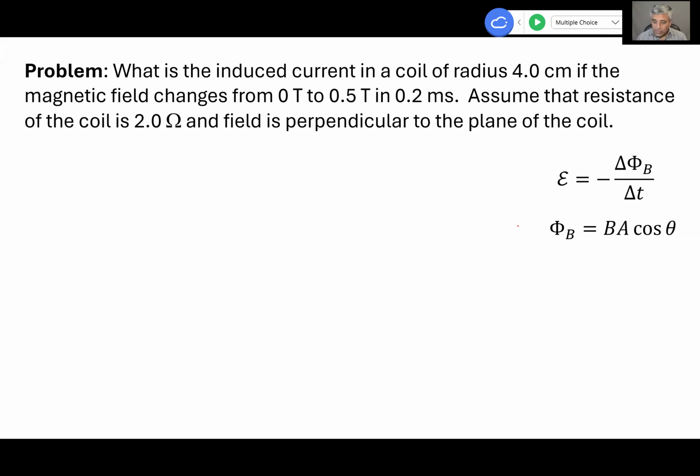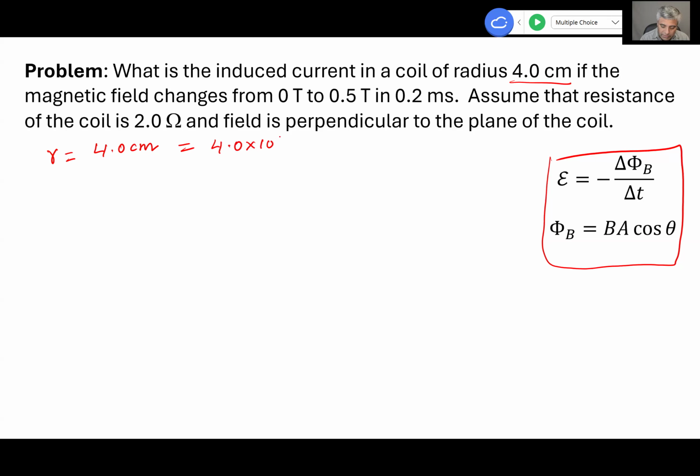So here is one problem related to that. Here I just copied those relevant formulas. In this case, it says, what is the induced current in a coil of radius that many centimeters? So radius is given, 4.0 centimeters. Let's convert that to meters. We need to divide by 100 or multiply by 10 to the power negative 2, meters.